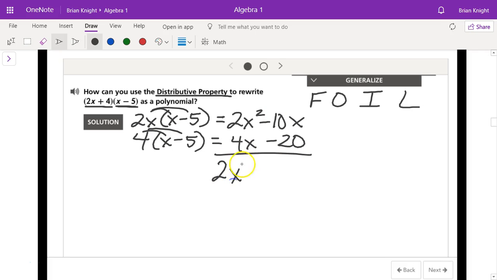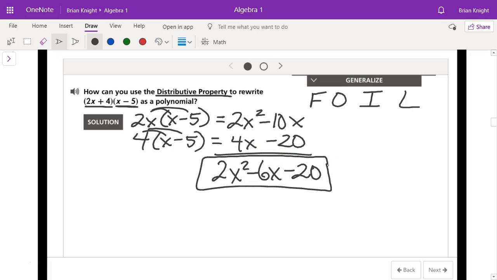So 2x squared minus 6x minus 20. It's very simple. And you can do this with however many, you could do a trinomial times a trinomial. The only difference would be you would have 3 of them that you're multiplying. All you got to remember is I have to distribute everything to everything.